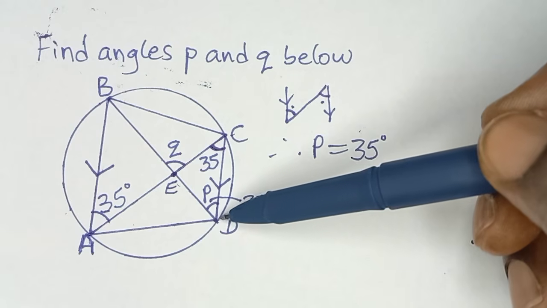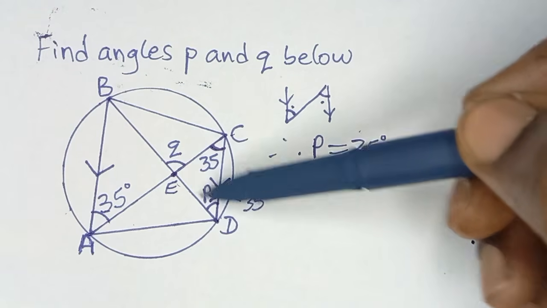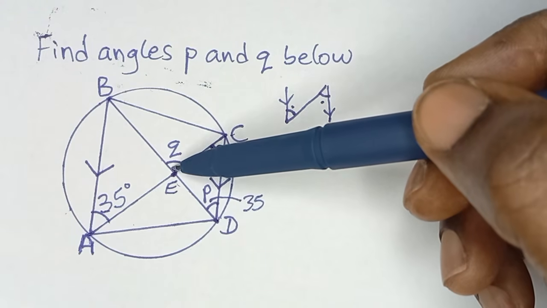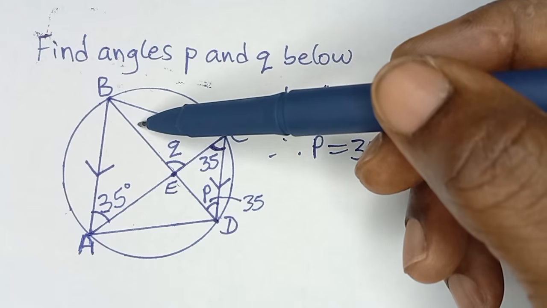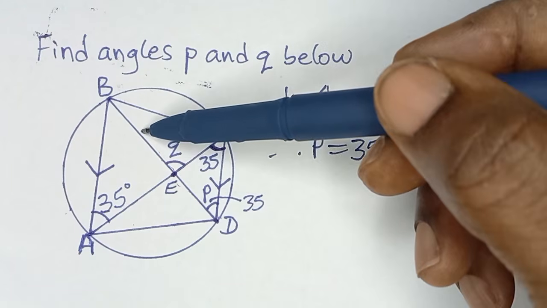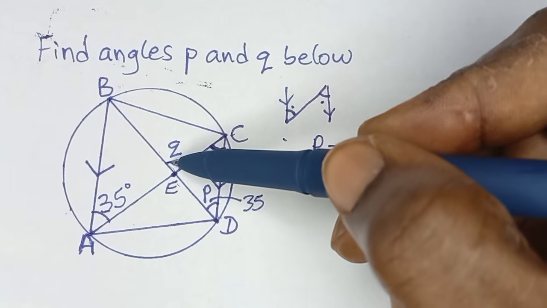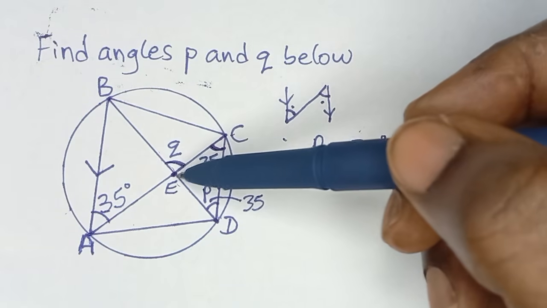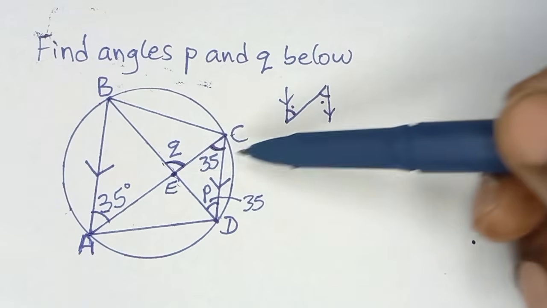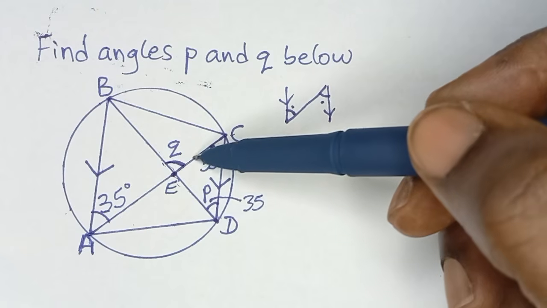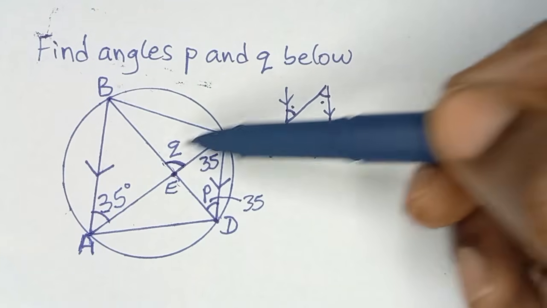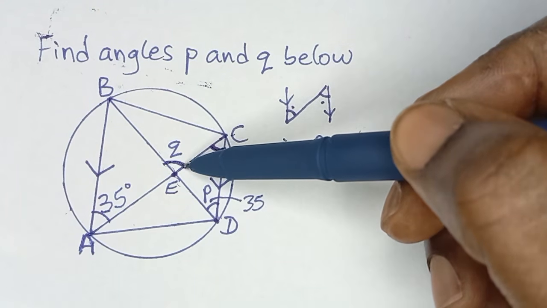Look at this line DE. The line is extended out of the triangle, going straight. When it is extended, it forms this external angle. The external angle is formed by that extended line making an angle with one of the lines of the triangle. So this is the external angle Q.